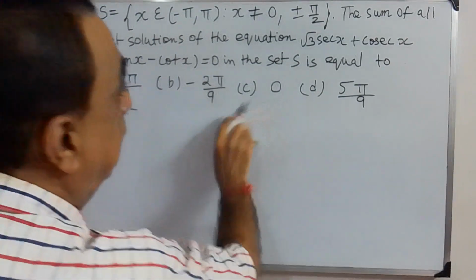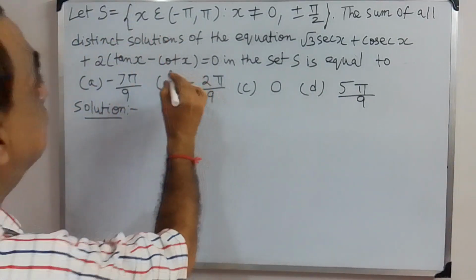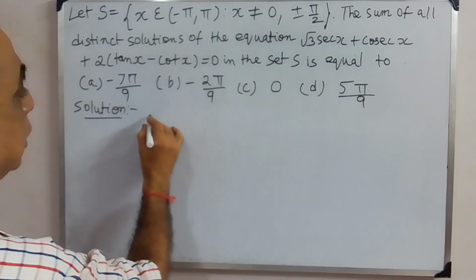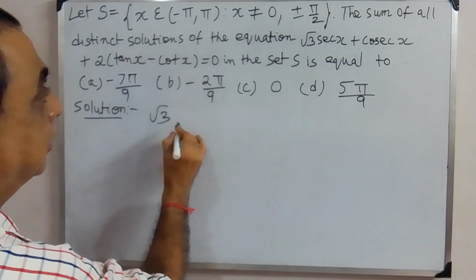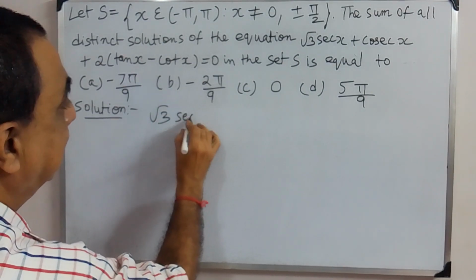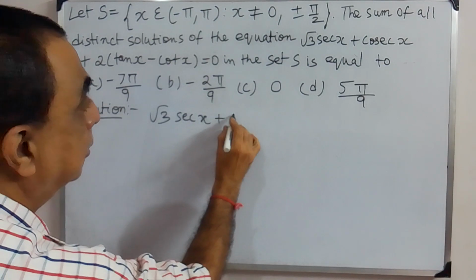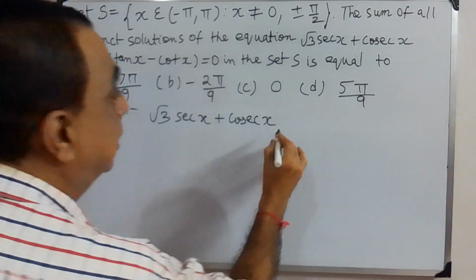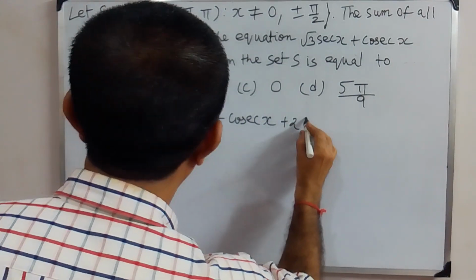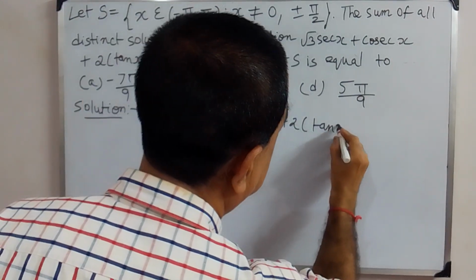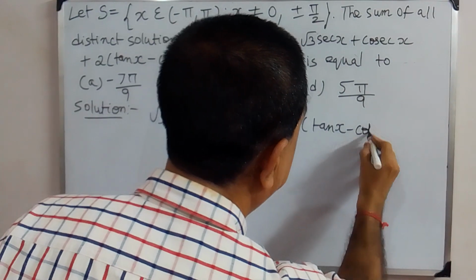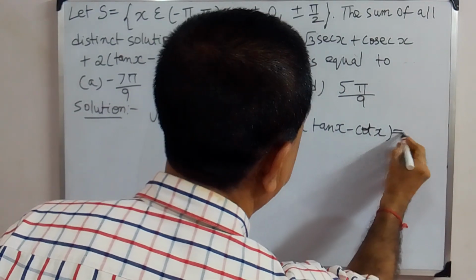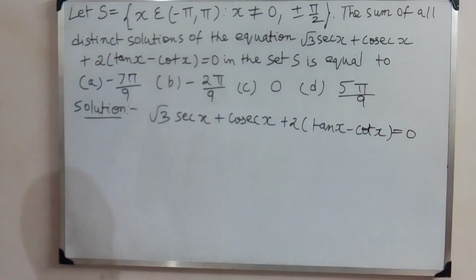See here, this equation is given. We have to solve this equation. So this is root 3 sec x plus cosec x plus 2 tan x minus cot x equals 0. So see what I am doing.